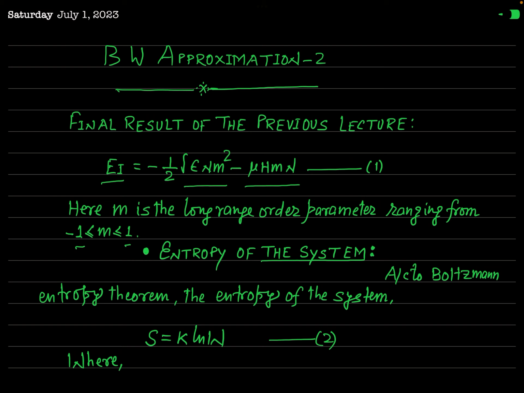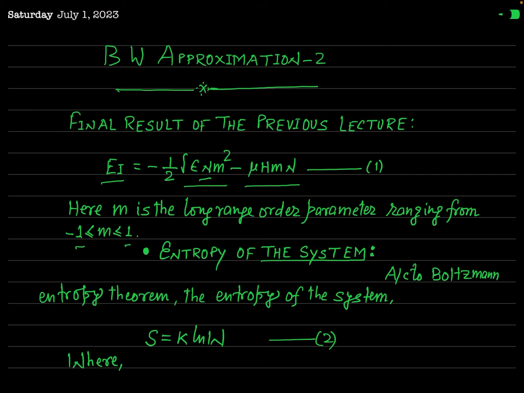The other quantities are already known to you from the previous lecture. γ is the coordination number or the nearest neighbor number, and ε is the interaction energy, or the coupling constant when we consider that the interaction is isotropic. N represents the total number of spins, that is, the sum of up spins and down spins.